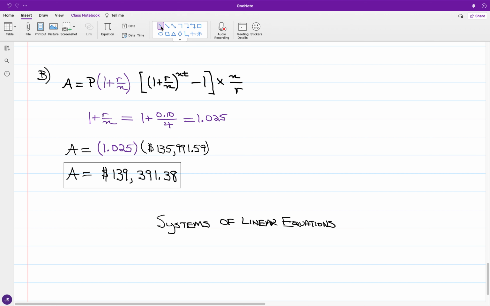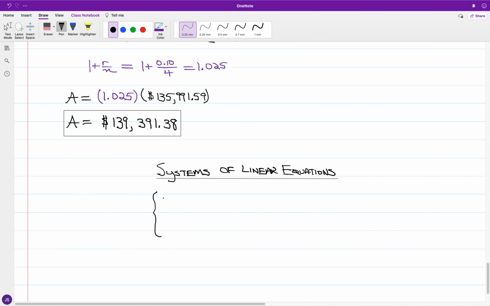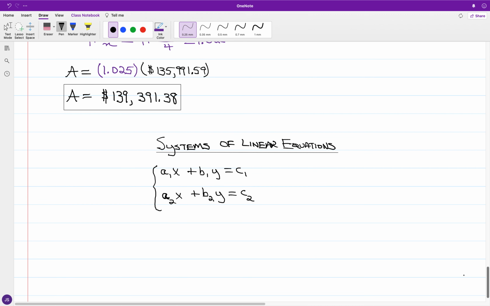So in the case of systems of linear equations, for the general setup, we'll look into two-equation systems, and we can say we have a1x plus b1y is equal to c1, and we have a2x plus b2y is equal to c2.